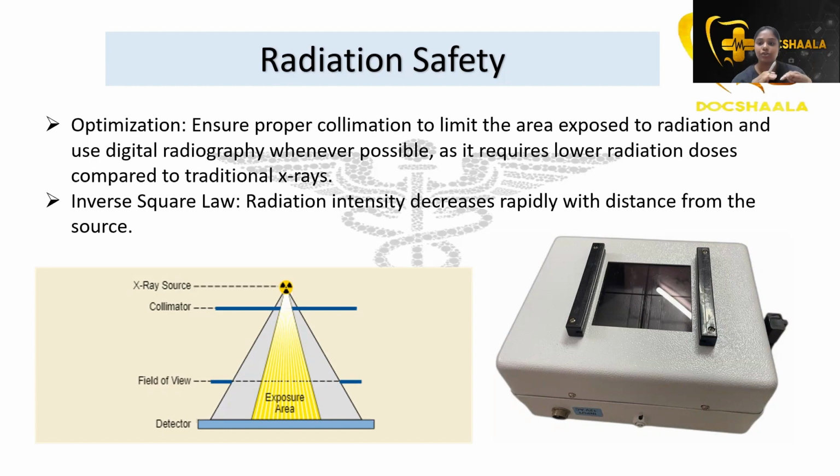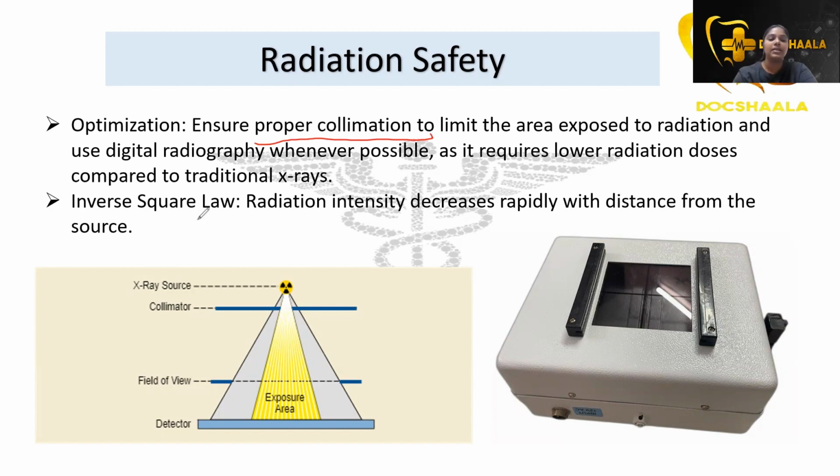A certain limit should be there to which the body is being hit by the radiation. That limit is ensured by proper collimation, that is, proper usage of a collimator, to limit the exposed area, and to use digital radiography whenever possible, that is, to use RVG whenever possible, as it requires low radiation doses compared to traditional X-rays.